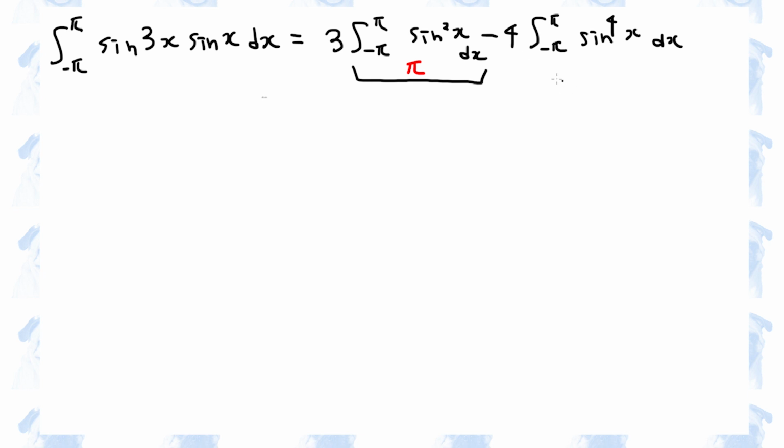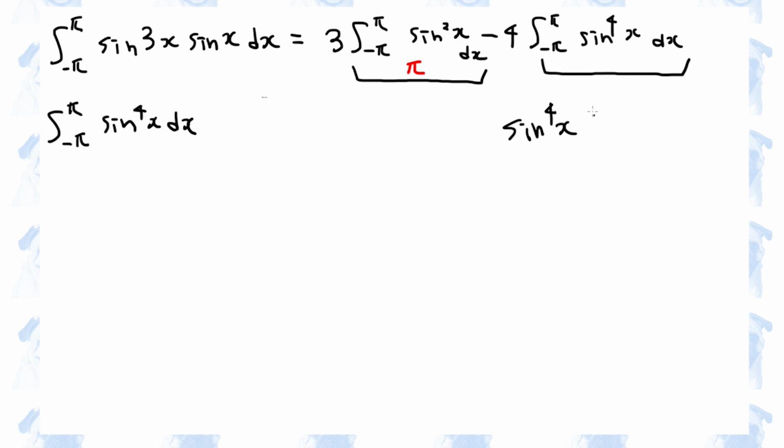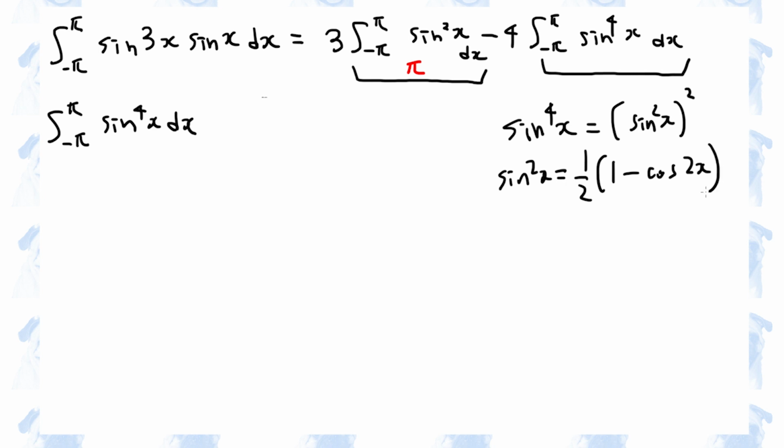Let's move on to the second part. Sine x raised to the 4th power is sine x squared squared. Sine x squared is 1/2 times 1 minus cosine 2x. So sine x raised to the 4th power is 1/2 times 1 minus cosine 2x squared.